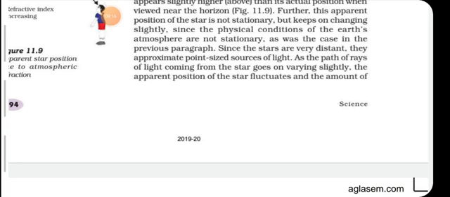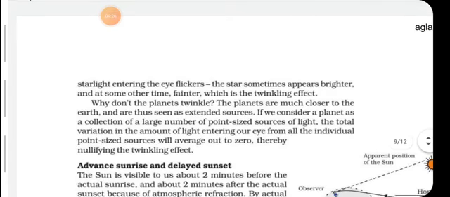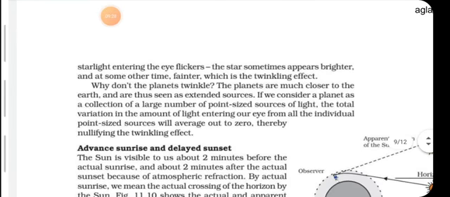As the path of the rays of light coming from the stars goes on varying slightly, the apparent position of the star fluctuates and the amount of starlight entering the eye flickers. The star sometimes appears brighter and at other times fainter, which is also known as the twinkling effect.